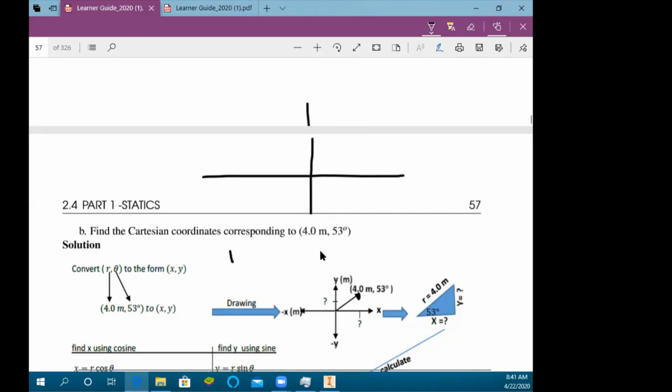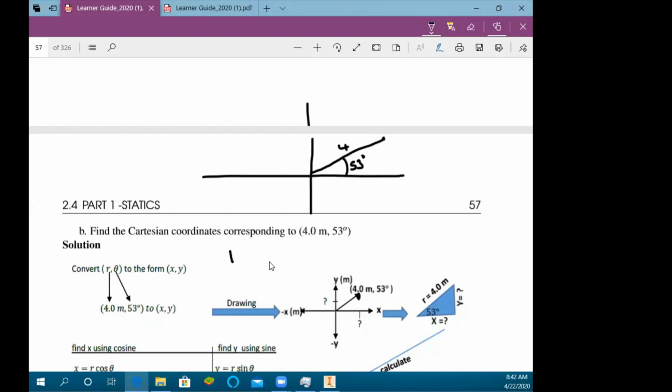Yes, sir. Okay, and then there's 4. This represents the radius, magnitude r, right? So there's 4 here, and then there's an angle here, 53 degrees, right?